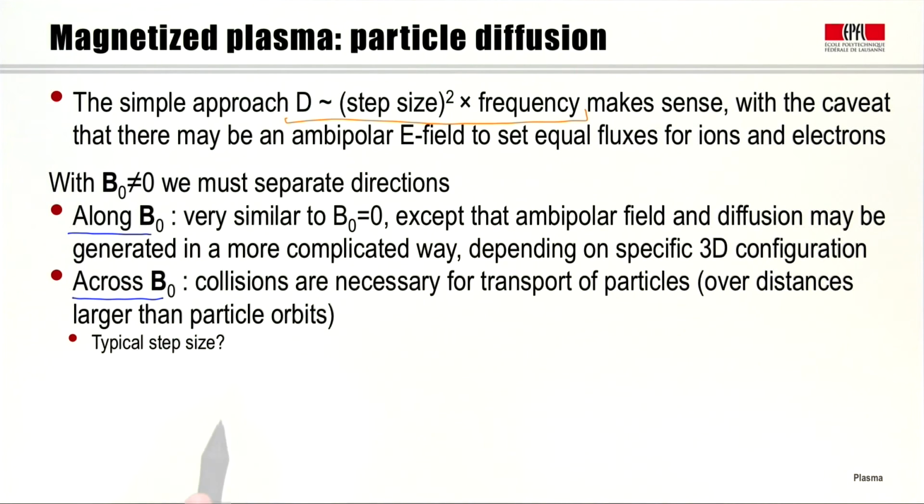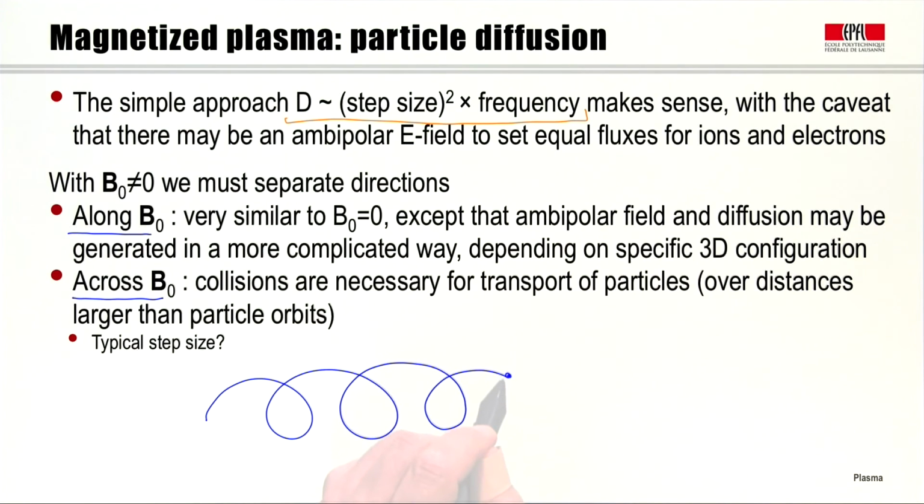What is the typical step size? So we have particles that undergo their gyro motion, and this particle will probably encounter another particle with a different trajectory that would come maybe from another direction. And what happens when we have a collision between the two particles?